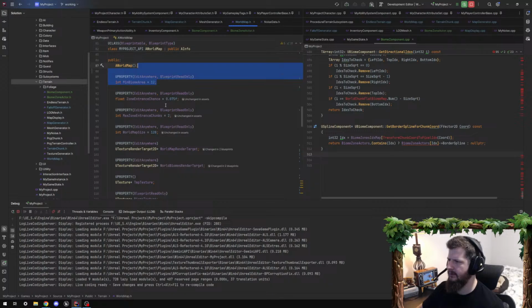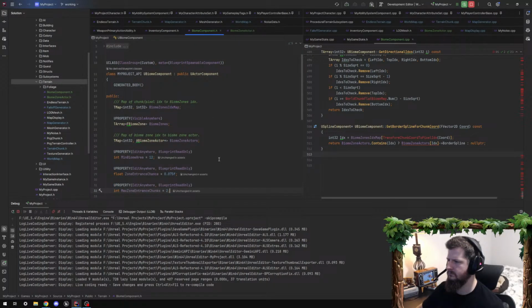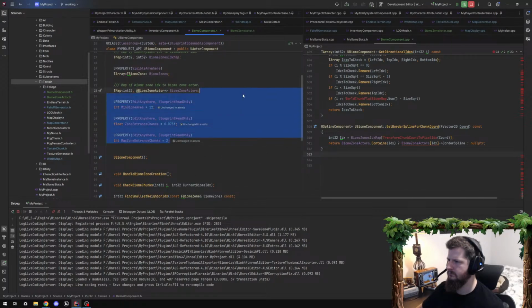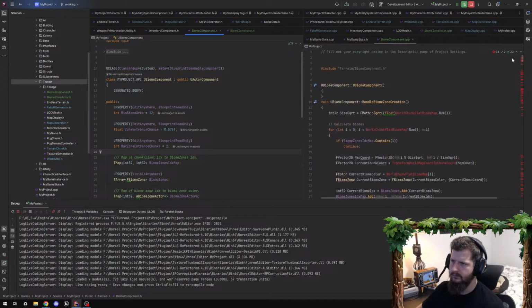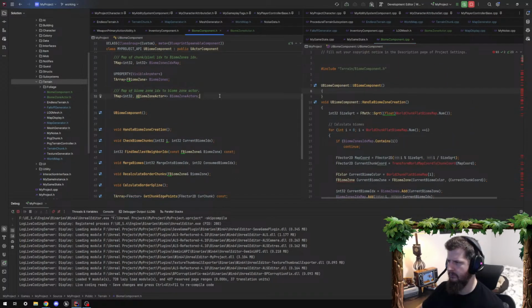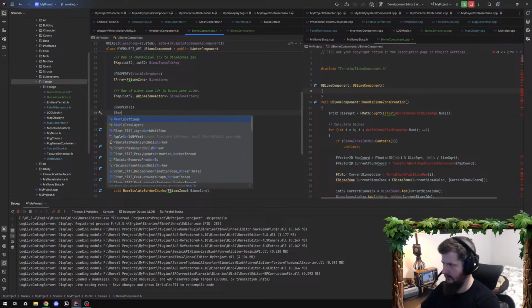Minimum biome area and zone entrance chance, all these three as well go in there. Okay. And when this is constructed, I will want a reference to a world map.